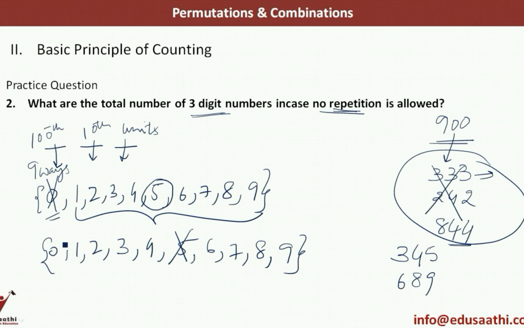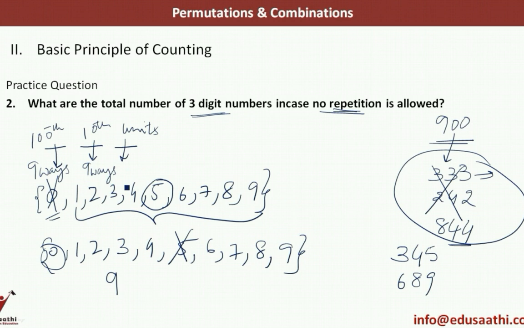Now take notice that 0 can come in the tens place. I've already discussed this in the previous question. So again, for this tens place, I have how many digits? 9 digits, because 0 is included from this set and 5 has been deleted. So the tens place can be filled in 9 ways.